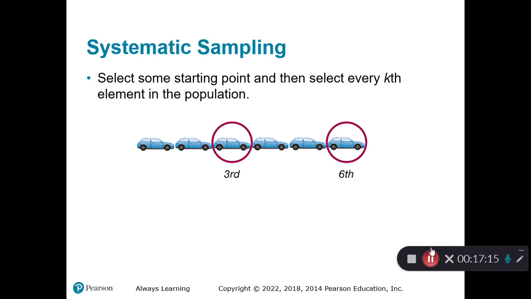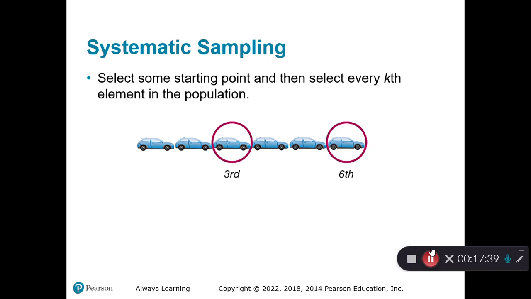It does involve some random selection in the sense that we randomly choose where to start, but think back to my earlier comment. If in this diagram I'm choosing the third vehicle, and I'm going to jump to every third vehicle from there, now that 4th and 5th car no longer have a chance of making it into the sample.